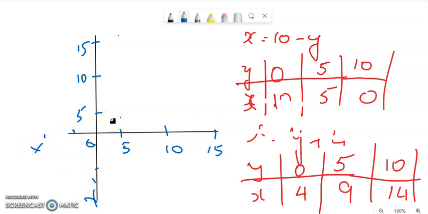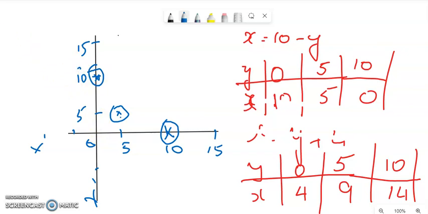Now if I plot, first y is 0 and x is 10. So this is my first plot. Then 5, 5 here, and 10, 0. So x is 0 on the x-axis and on the y-axis 10.